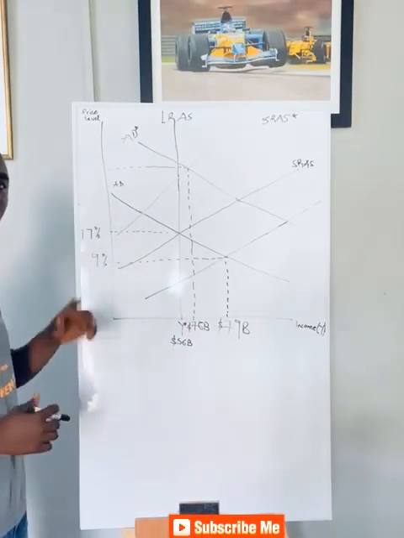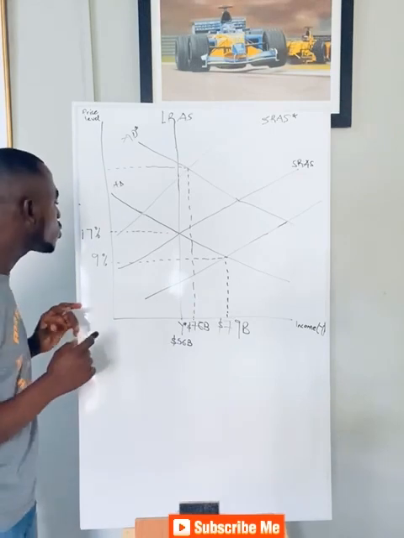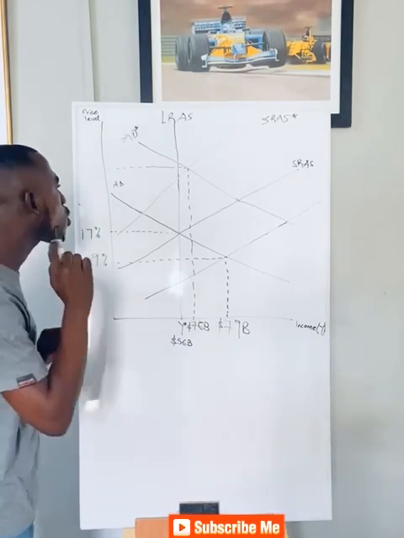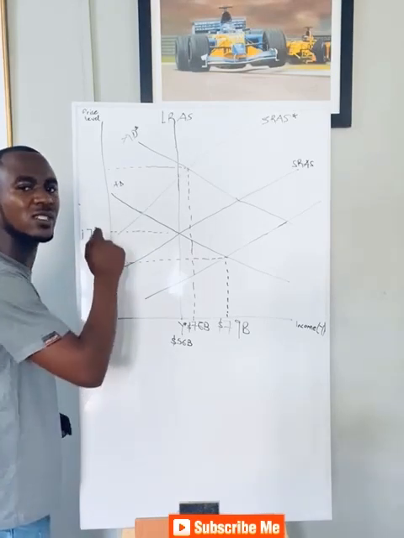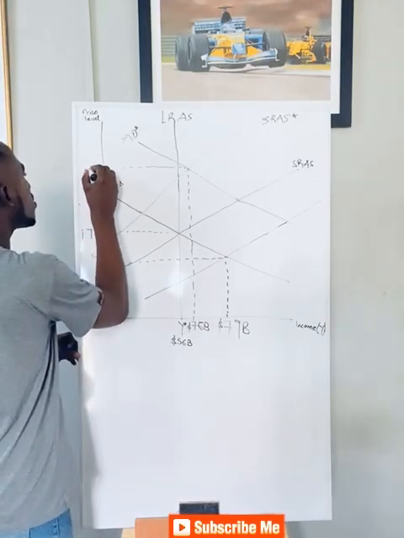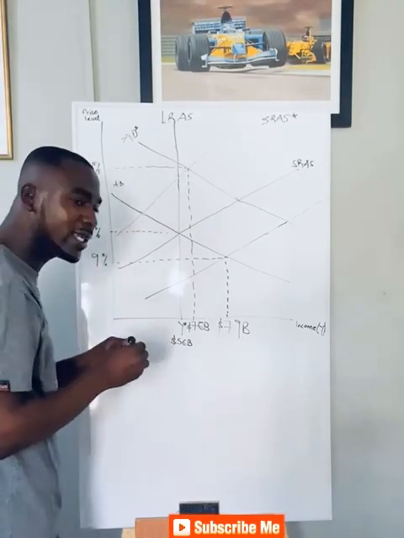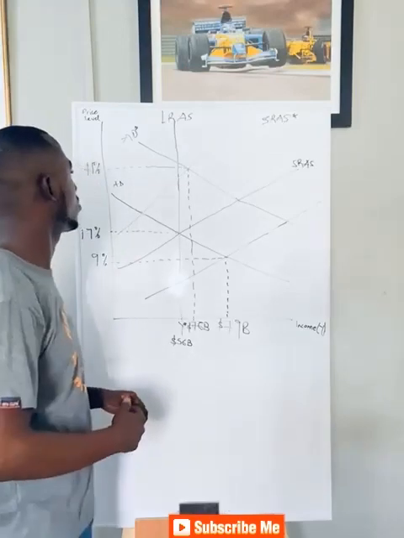Now let's see something here. From 2021, the inflation rate was 9%. Because of the shock, the inflation rate moved past the previous 17% and was hovering around 41% at the end of 2023.